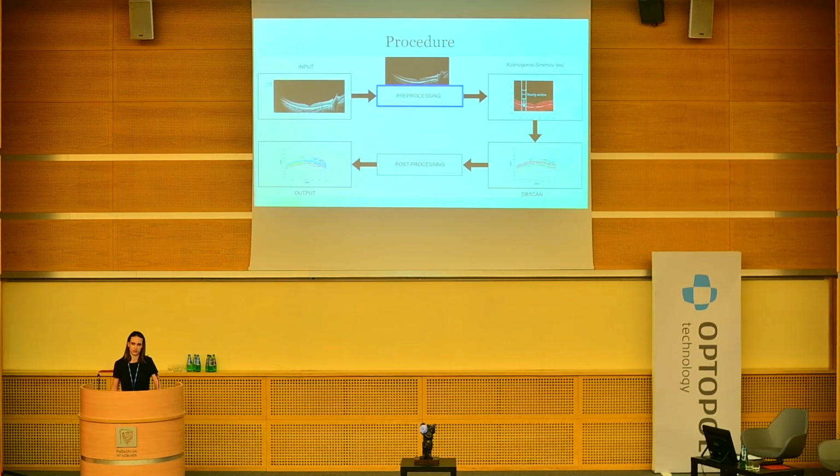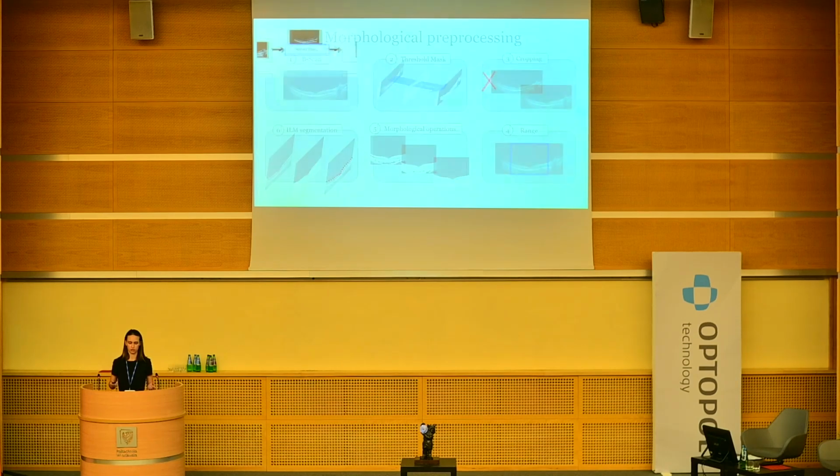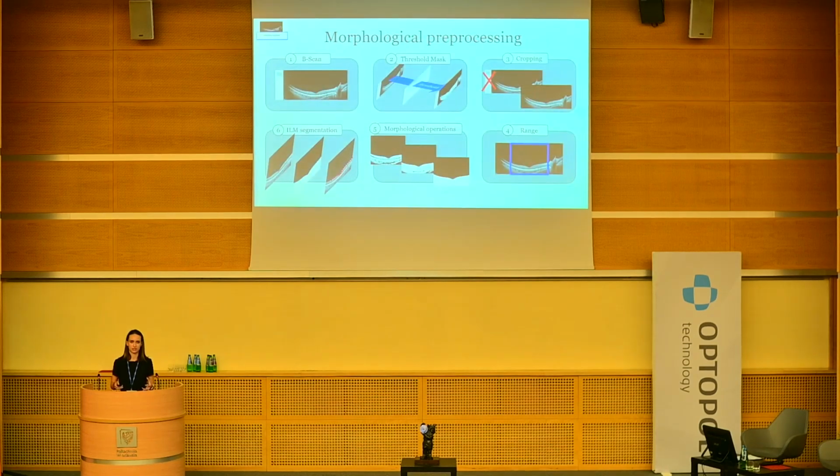the actual method begins. And when started thinking about the approach of the segmentation, the first idea was to perform the morphological pre-processing that would extract the layers in a simple set of steps. And to begin with, a single B scan previously selected is taken into account.